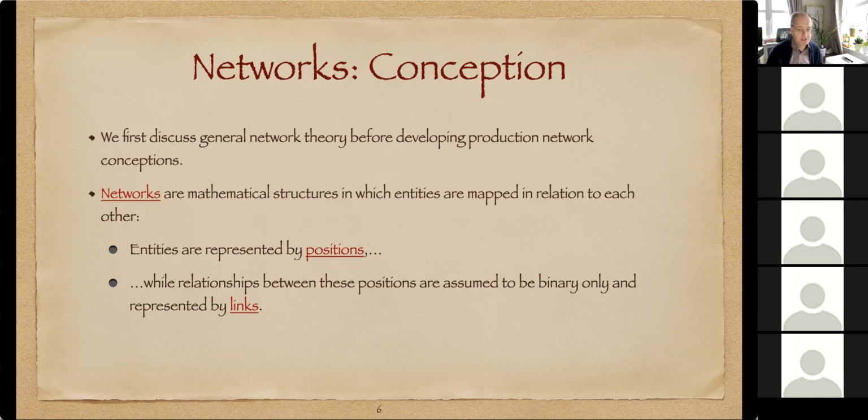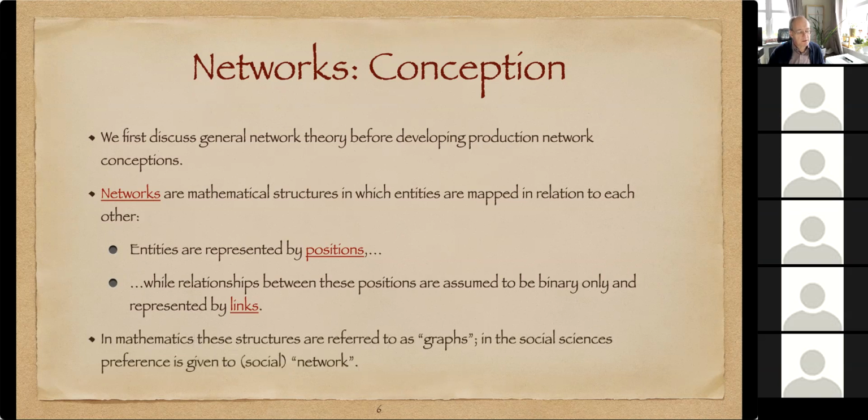The position is not an empty little thing. There's information attached to the position. We will use that. We can name the entity that is in that position. We can describe what this entity is doing. And also the link carries information, of course. Usually it is traded quantities of goods that are attached to a link, because we are mapping essentially a trade network.